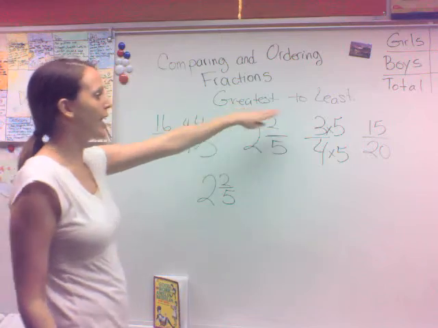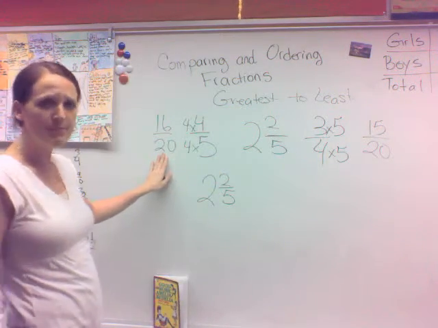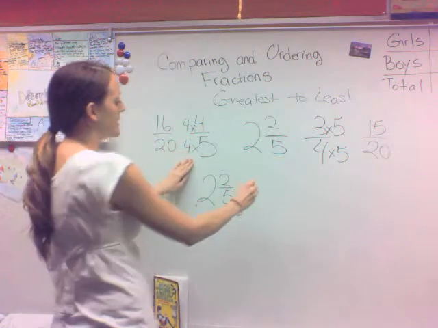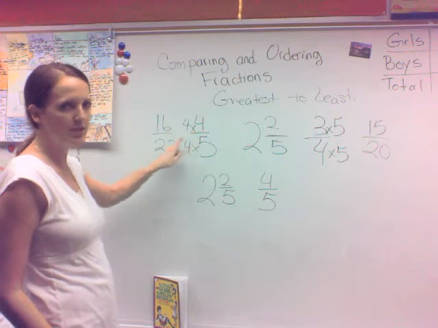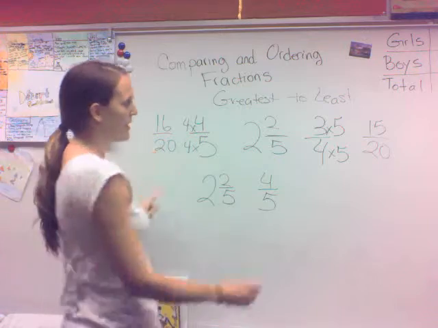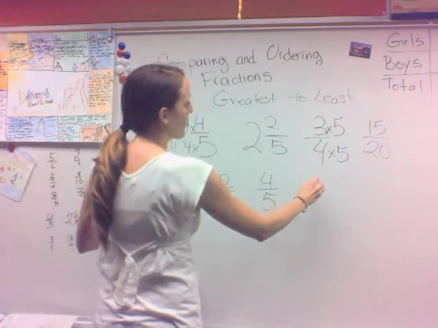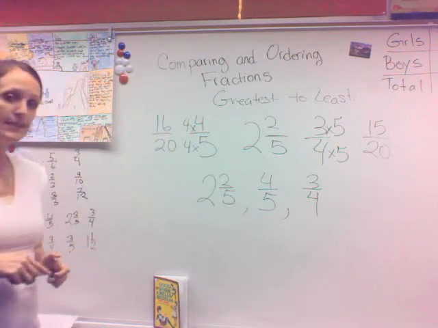And now I'm going from greatest to least, and so it becomes easy for me to compare because since my denominator is the same, I just have to look at my numerator and I can see that 4/5, remember, you have to write your original fraction, not your equivalent fraction. 4/5 is greater than 3/4. And that is in order from greatest to least.